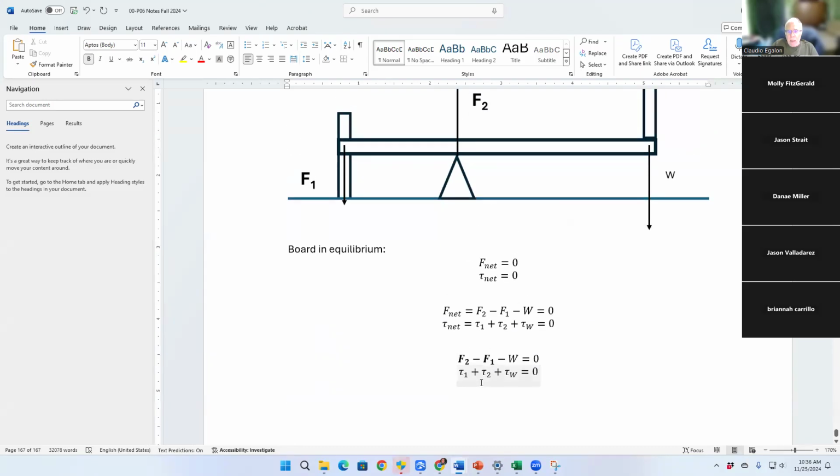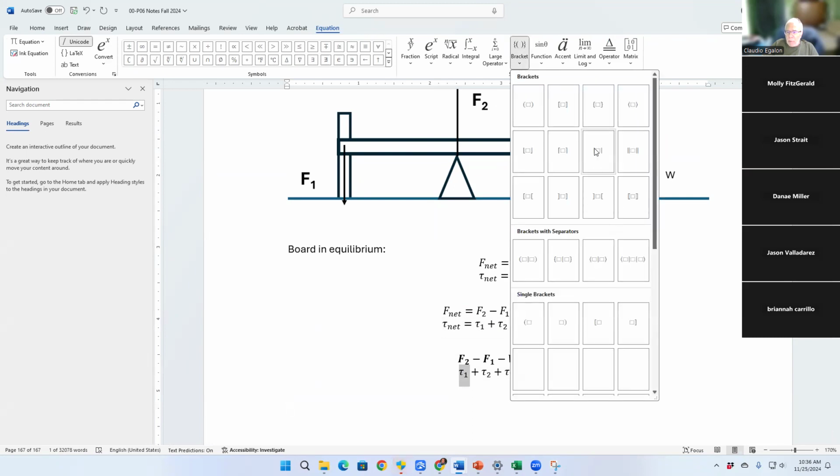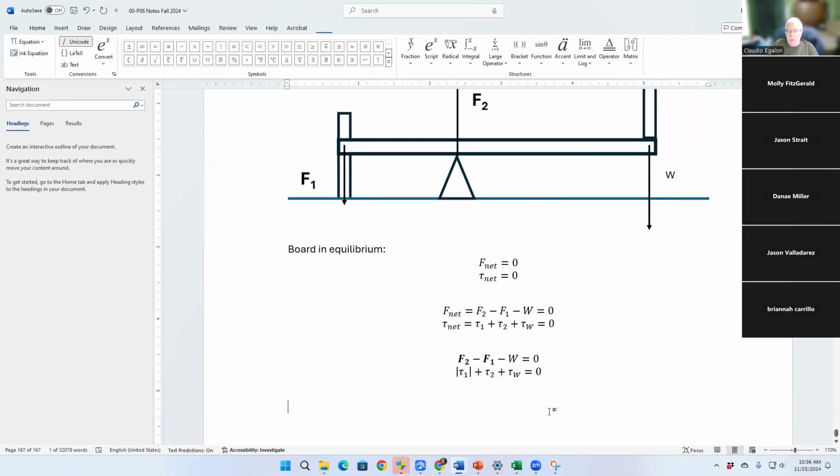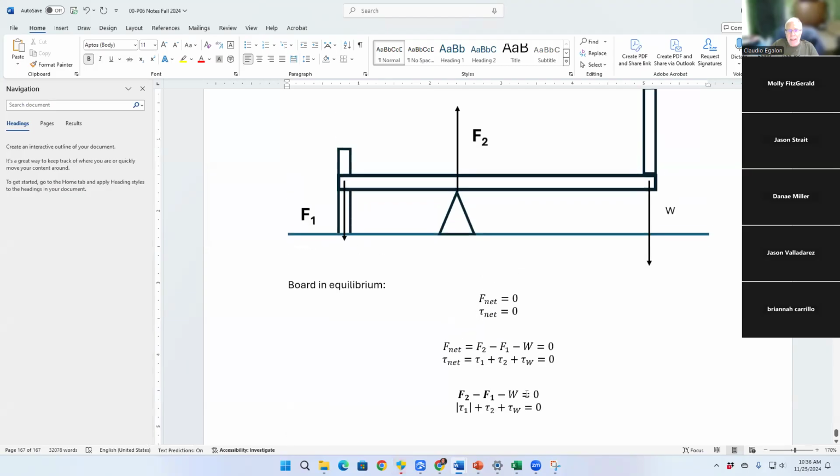Now let's take a look. Torque of 1 is counterclockwise, right? So we can explicitly state that this torque is going to be positive, and I'm going to emphasize that by putting those two bars around the torque. Now, let's look at the torque of the weight.